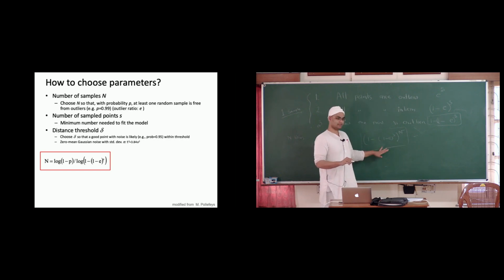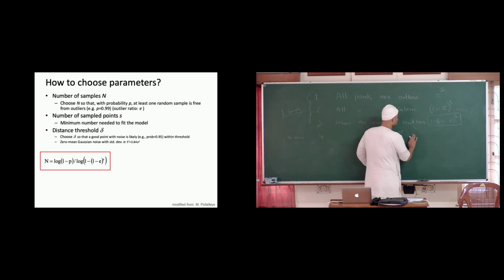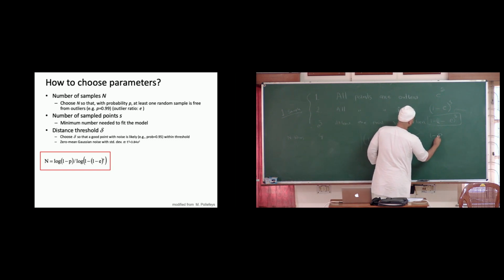I want it to be less, right? And I want it to be less than probably 3%. Okay, for example, 3%. That means I want my probability 100 minus 3, 97% I am correct, right? So if p is the probability of correct, then I just need 1 minus p.